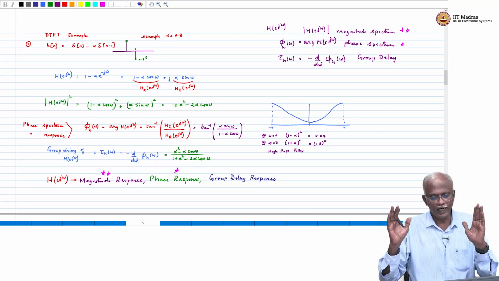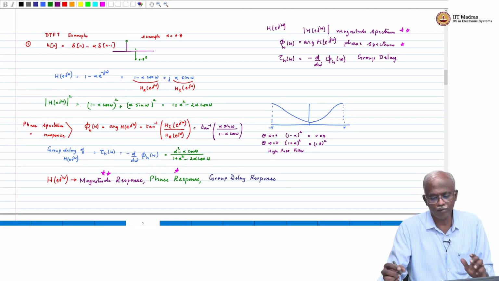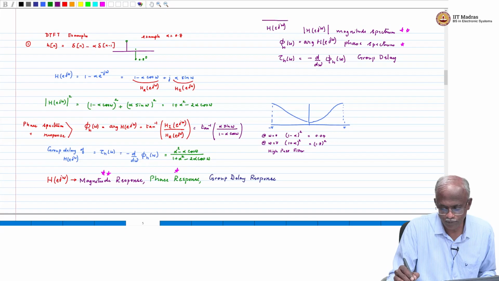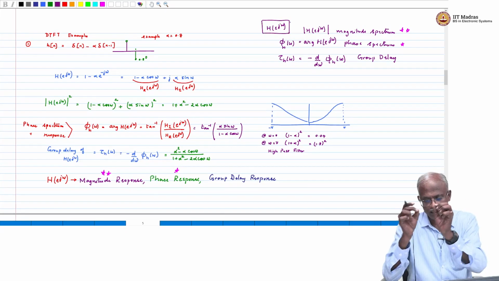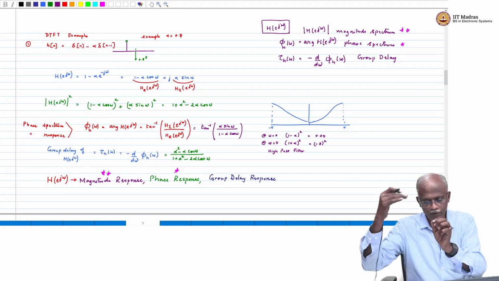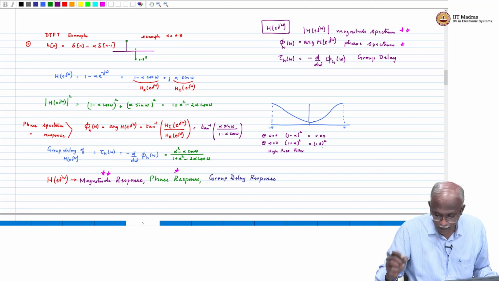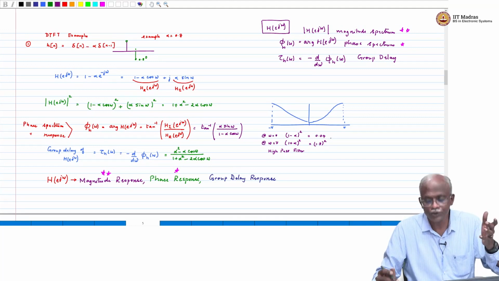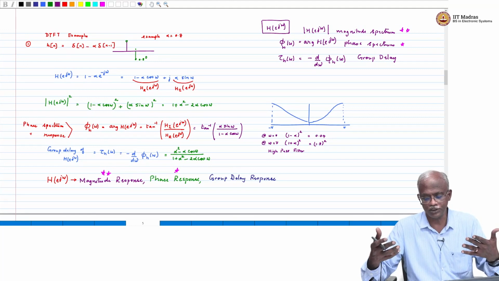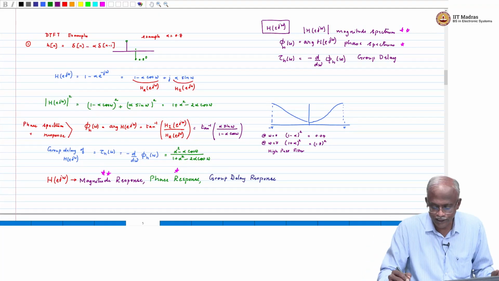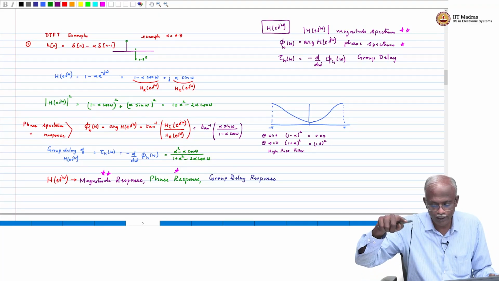So you can think of it as 3 things that you can derive from the discrete time Fourier transform He of j omega. From the impulse response, you get the discrete time Fourier transform. You can look at its magnitude, its phase, its group delay, and very often it is helpful for us to guess the nature of the discrete time system. So what we do is we check what the behavior is at omega equal to 0.